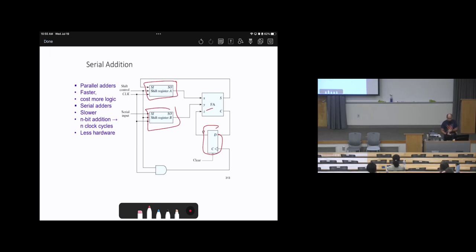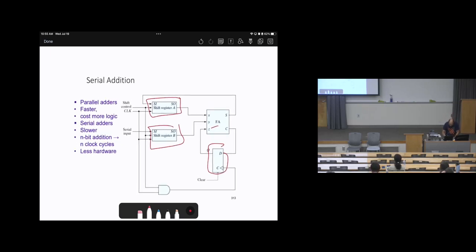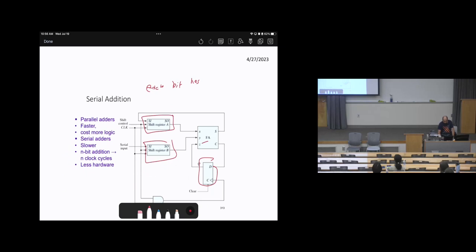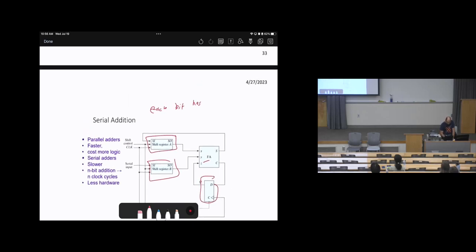So we can say each bit has, okay, let me discuss a little bit about this. What's the point of using this part, the shift register? Why didn't we use, let's assume we have 4 bits, 4-bit adders for A and B?